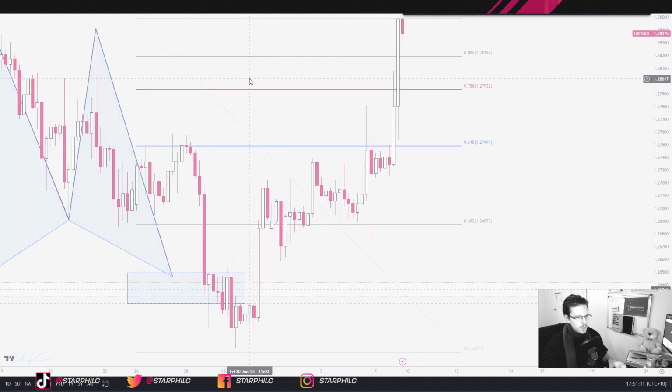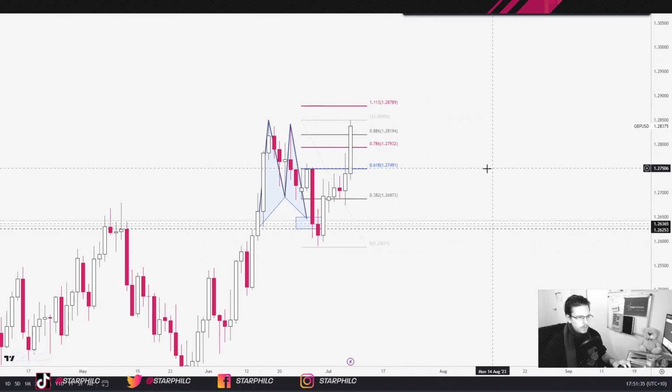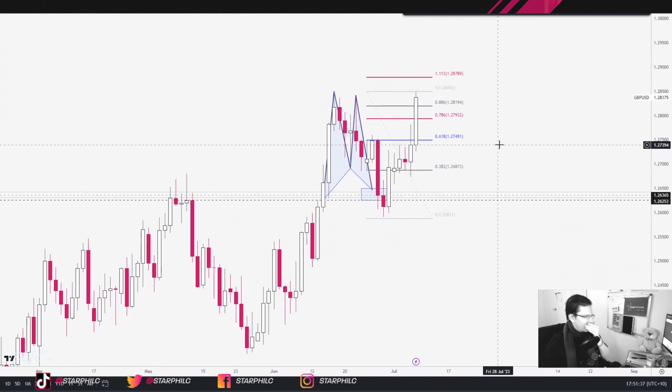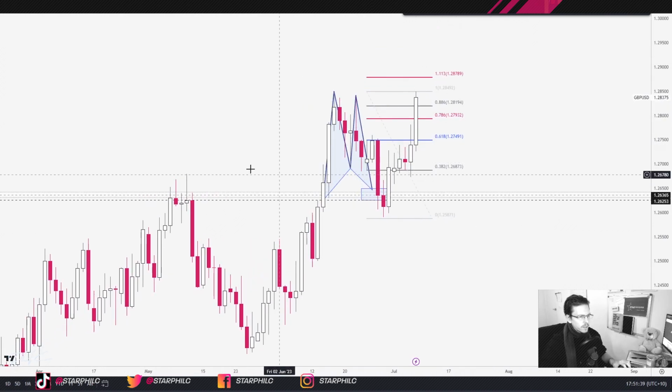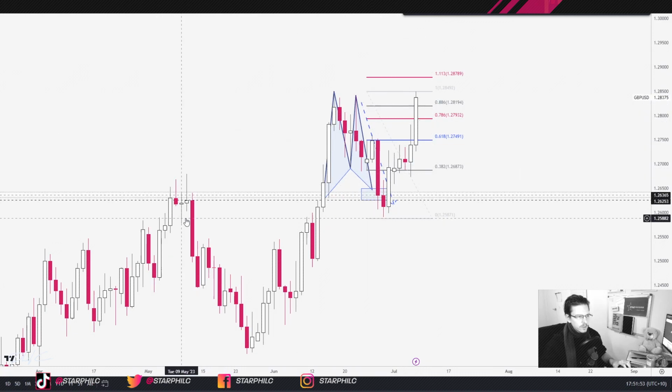Over on the pound dollar here. I went to the daily time frame. We get price action breaking above this high structure right there. Previous resistance becomes new support. Okay. Price action comes down and then immediately bounces from that level, right? Because what does this structure tell us?